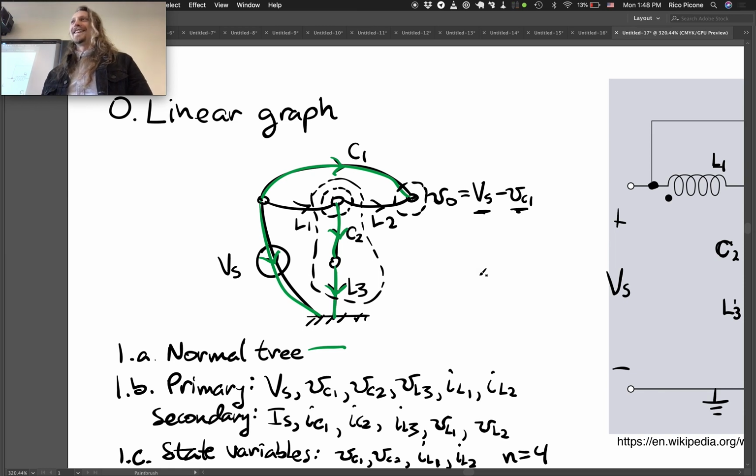So I'm done. If I had gone this route, I would have had VL2, not a state variable, VC2, which is a state variable, and then VL3, which is not a state variable. So I would have had to eliminate those. I didn't want to do the extra algebra, so I chose the route that got me there with state variables and inputs.